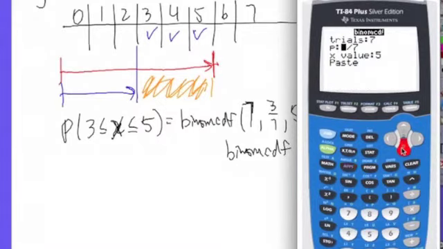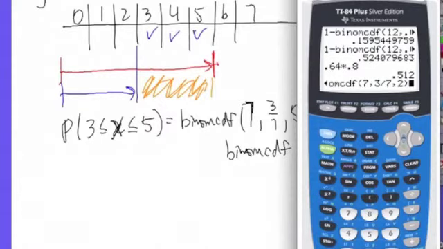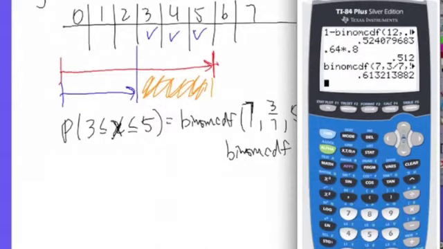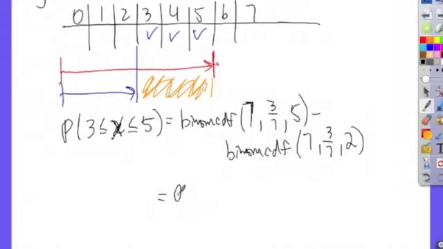Same number of trials, same probability of success, but I only want to add up to 2. I want the calculator to stop adding at 2. I'll paste this into the equation and hit enter. And that probability would be 0.613. Another favorite type of question that might be asked. All right, go ahead and try some of these homework questions on your own now.